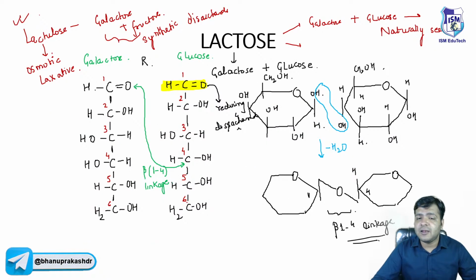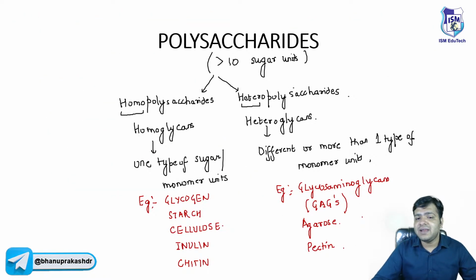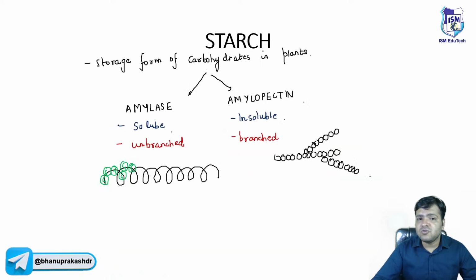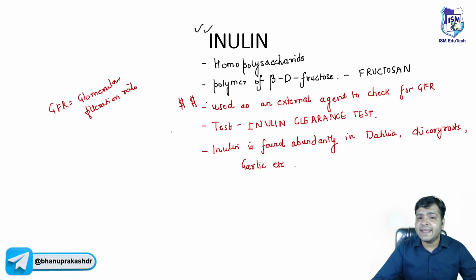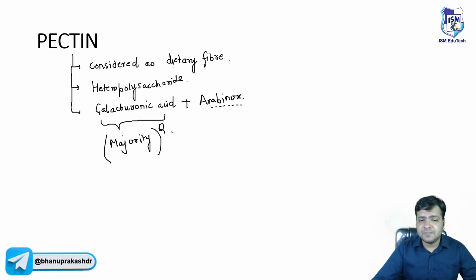After that, trehalose, polysaccharides, homo and hetero, glycogen, starch, cellulose, chitin, inulin, the difference between dextran and dextrin, and pectin.